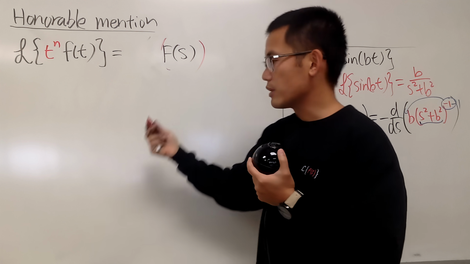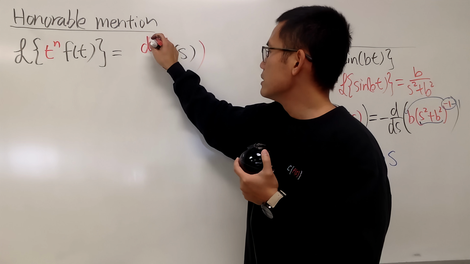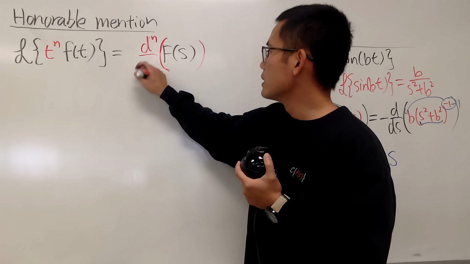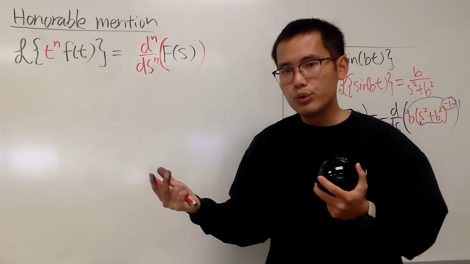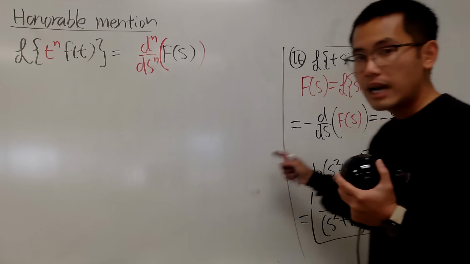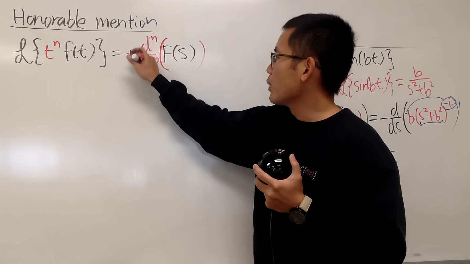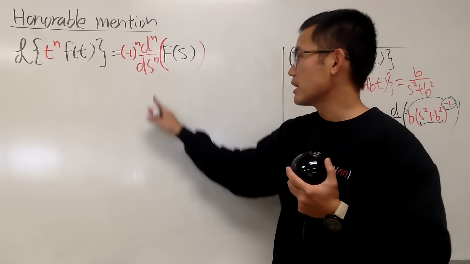Let me just write this down nicer for you guys. D to the nth power over ds to the n, like that. But you see, each time you do the derivative, not only do you do the derivative, but you also have to multiply by negative 1. So you actually have to do negative 1 raised to the nth power. Just make sure that you have the right sign and all that stuff.